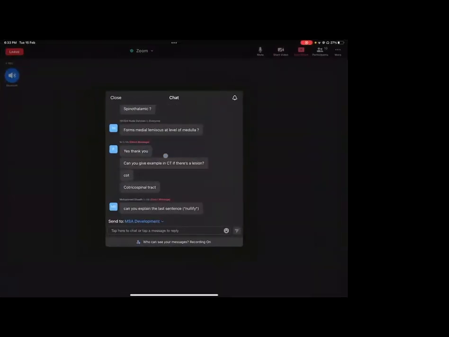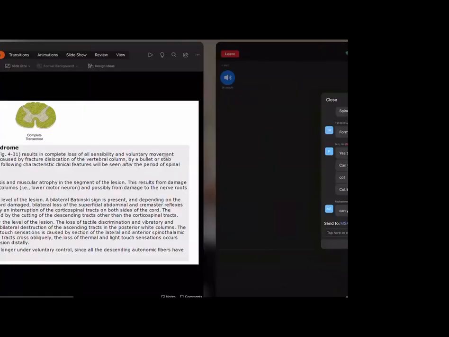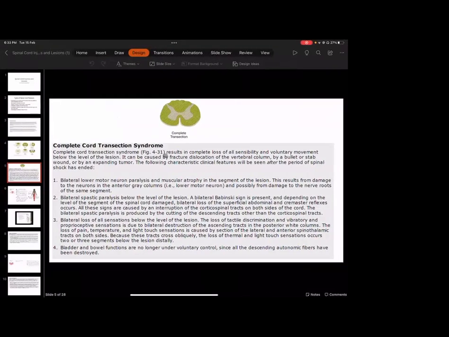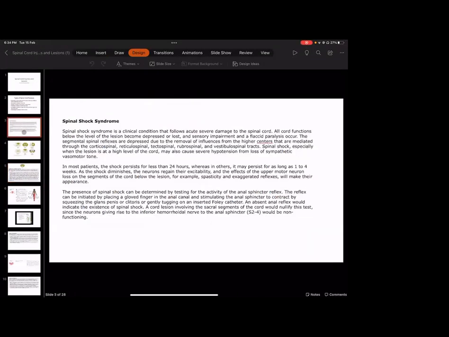Can you explain the last sentence correctly? Nullify. Okay, sure. Bladder, last sentence. Where's the nullify one? You see bladder, voluntary control. Wait, is it in this one?